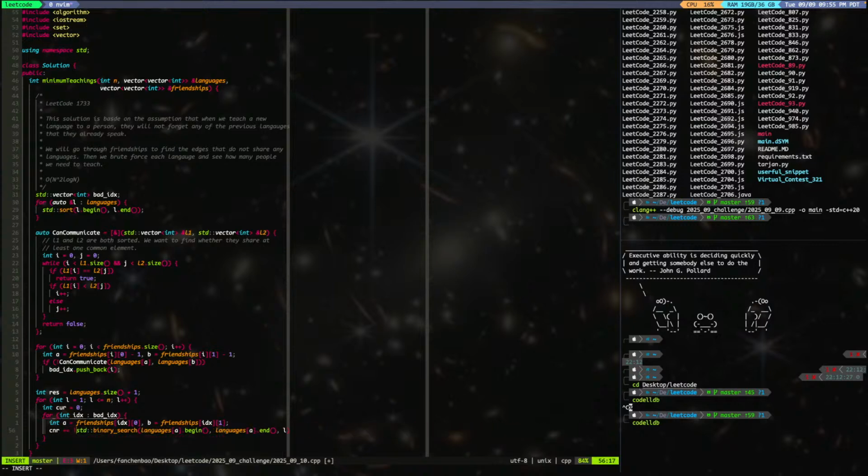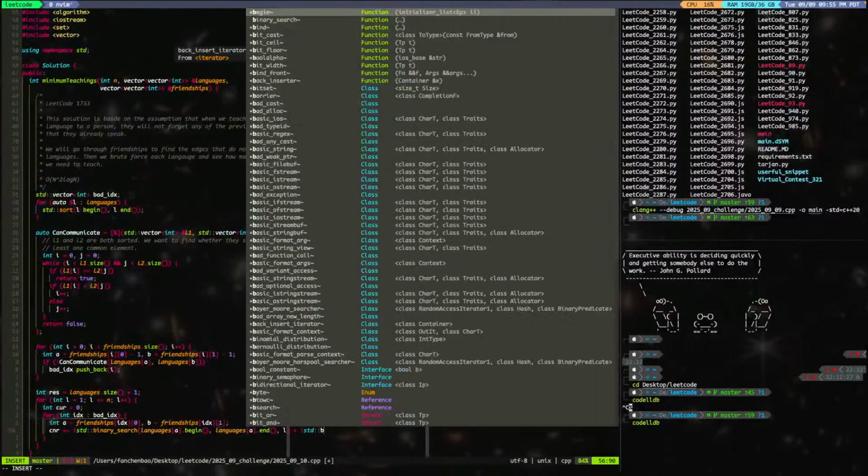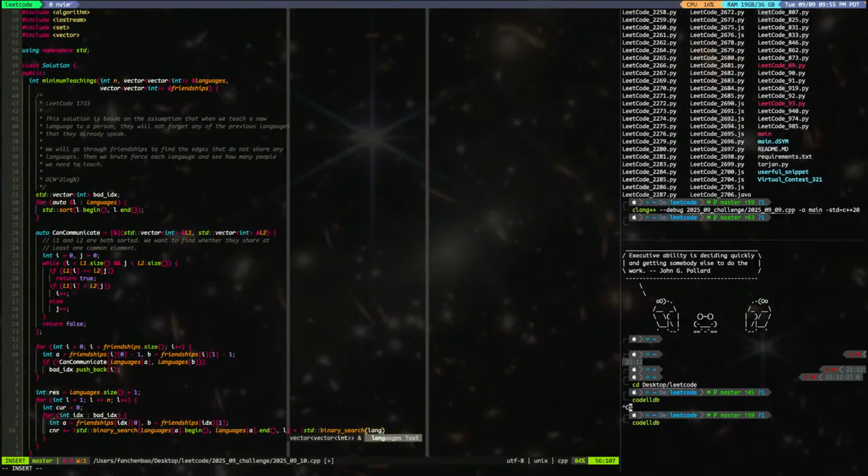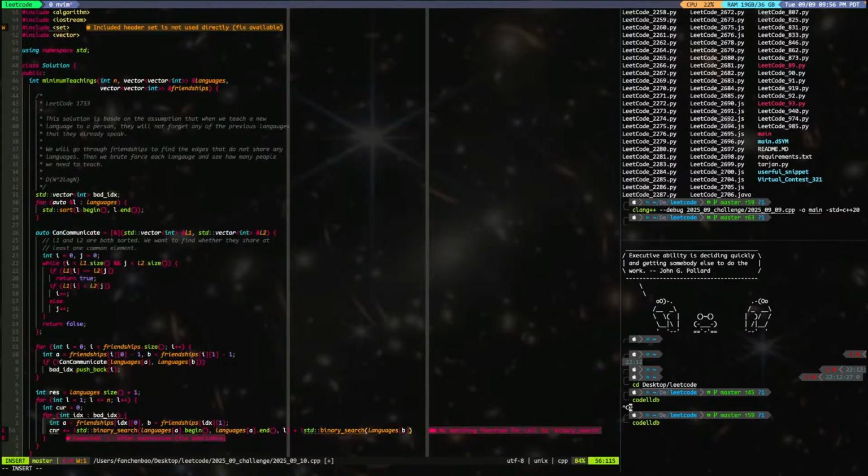We'll do the exact same thing with binary search for languages B dot begin, languages B dot end, and L.